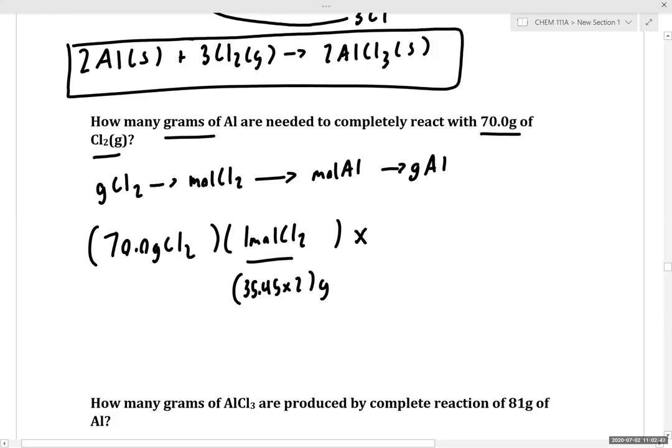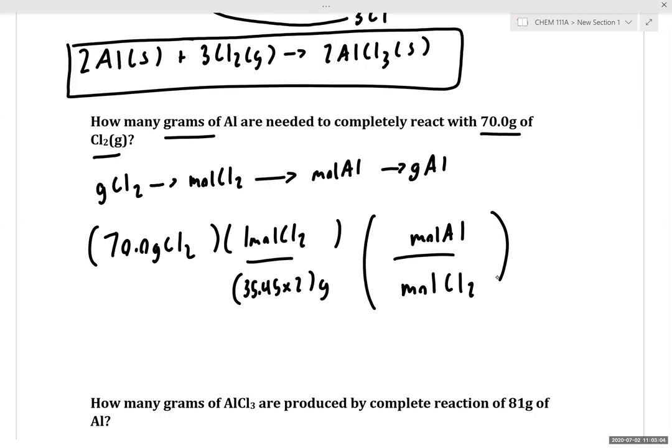We know, looking at our chemical equation now, how many moles of aluminum are required per mole of chlorine. What's our mole to mole ratio of aluminum to chlorine?